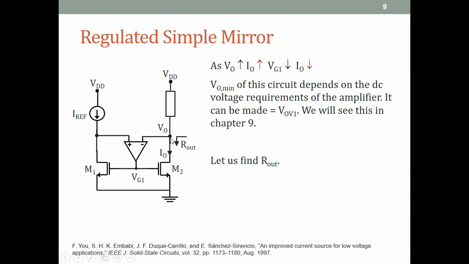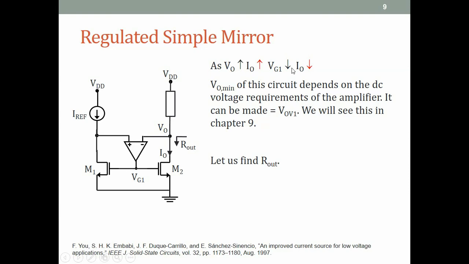So instead of a common source amplifier, they put an op-amp between these two nodes and the output at VG1, so that there is no direct connection from the drain to the gate of M1. It's a beautiful innovation. It is very simple, but it achieves a very nice high R out without increasing the VO min of the current mirror.